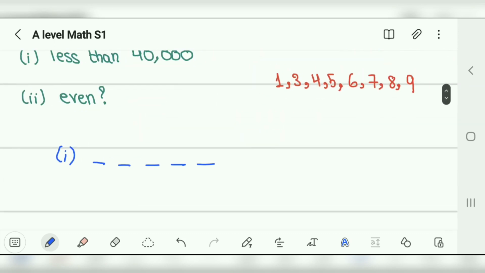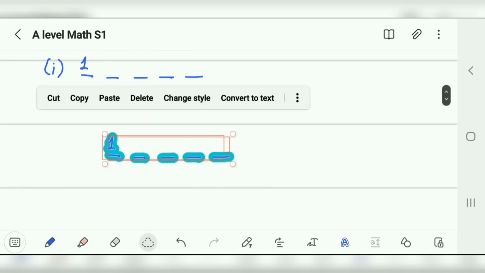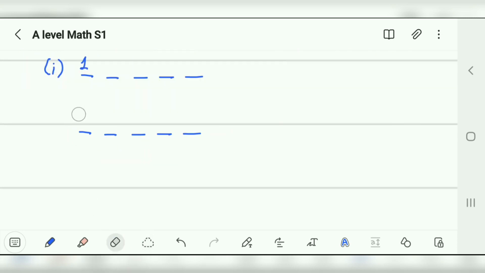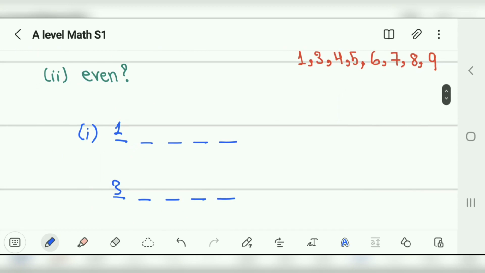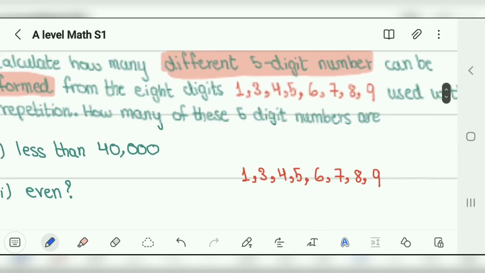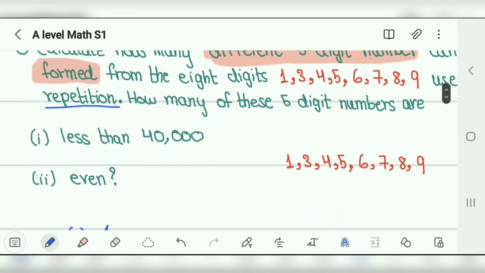Since it is less than 40,000, the first digit could be 1, and it could be 3. And now the remaining 4 digits we need to select, without any repetition.